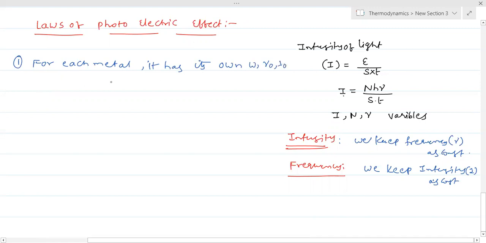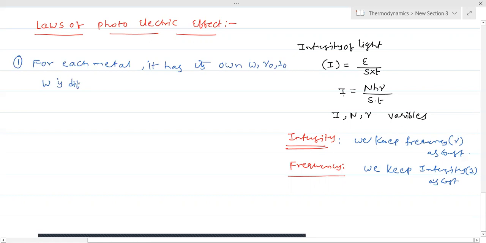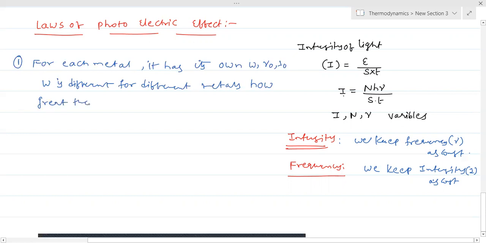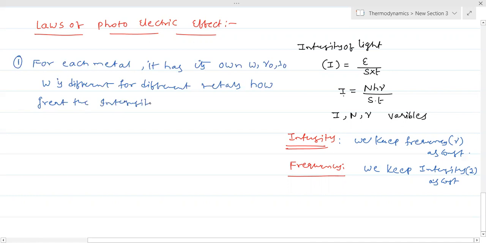And already we discussed, W is different for different metals, and so it is independent of intensity, however great the intensity may be.